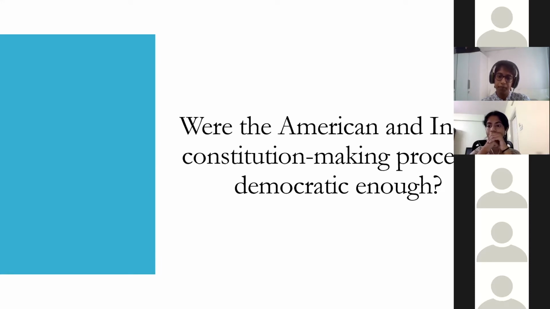Yes, there were parts where some representatives were able to perhaps put their point across in a more convincing manner, or they had the support of the Congress Assembly Party. But even then, when it comes to the US Constitution's adoption, it required a lot more convincing, a lot more arguing and imposing perhaps of people's wills, whereas there was a more democratic aspect to the Indian constitution making process. Right. Thank you, Megha.